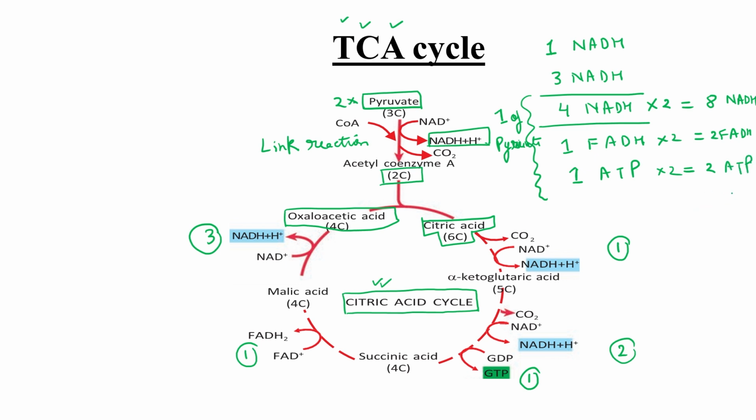Correct? Okay, so this is the total calculation of NADH, FADH and ATP generated during the citric acid cycle and link reaction, both, or within, we can say, mitochondria.